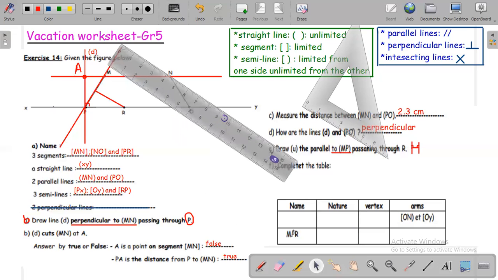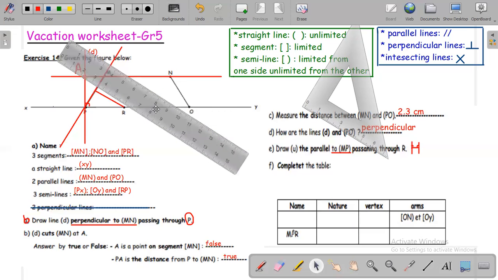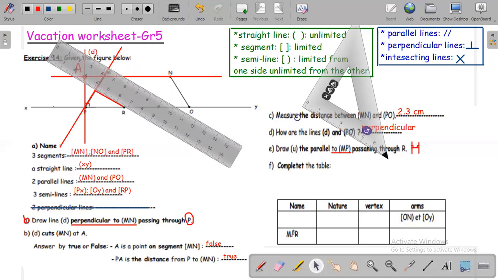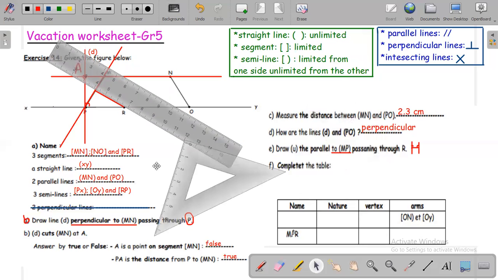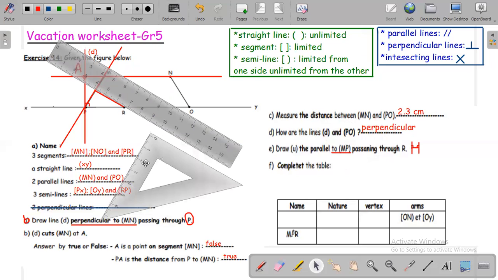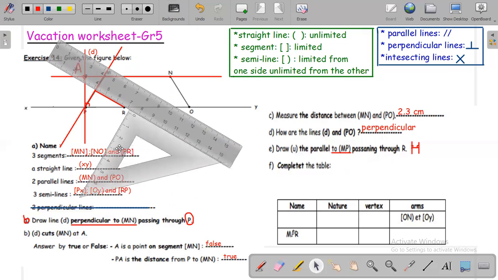So now we put the ruler on this perpendicular, and we put the set square, and we move it to the point R. Then we draw another perpendicular.